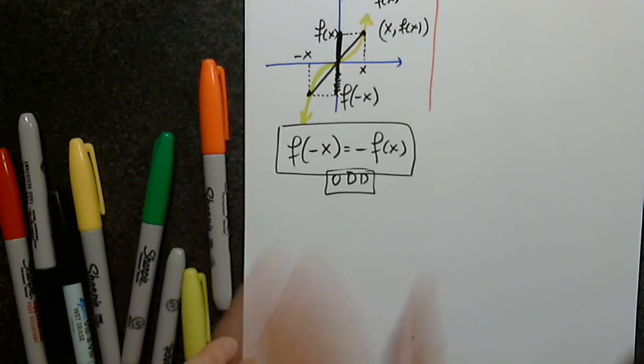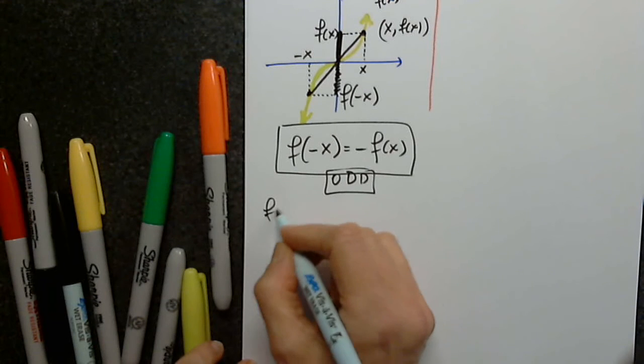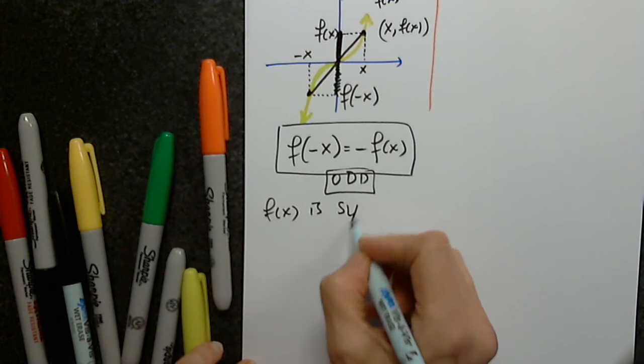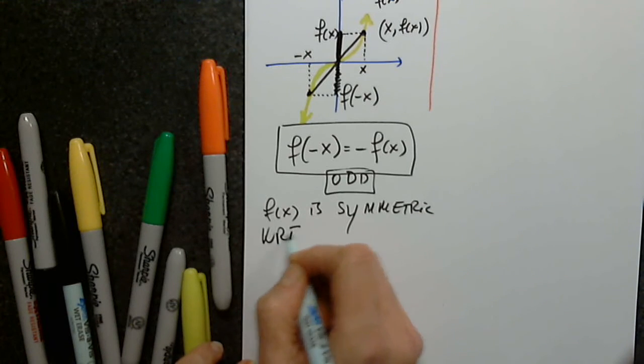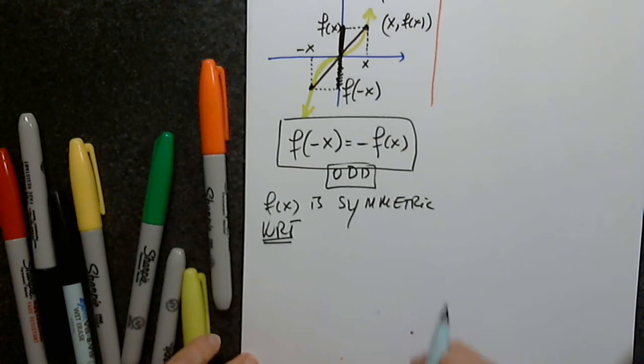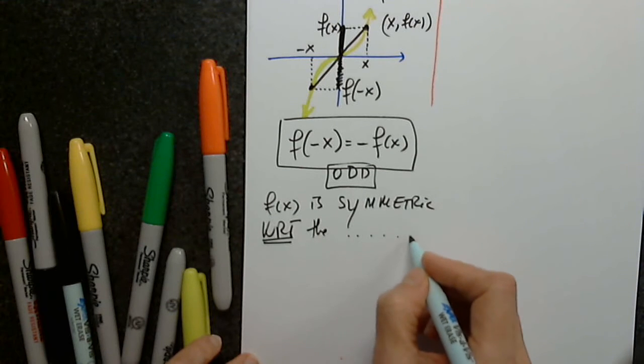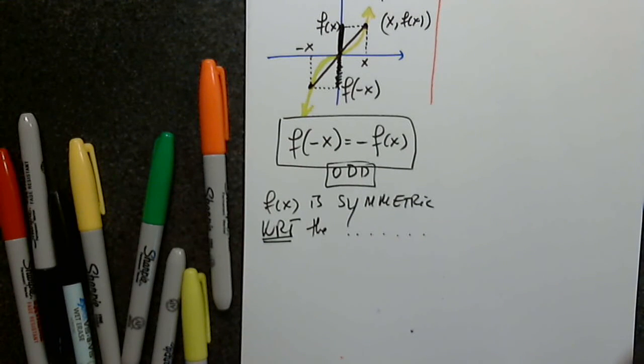Now I would like you to look at the graph and say f of x is symmetric WRT, with respect to the, what do you think? So this is the graph, right? This is in the first quadrant and this is in the third quadrant. What does WRT say?